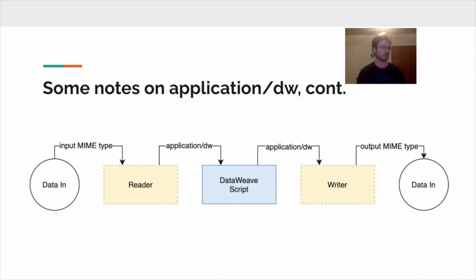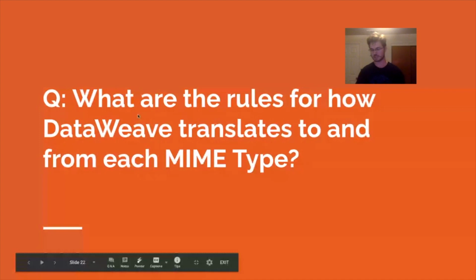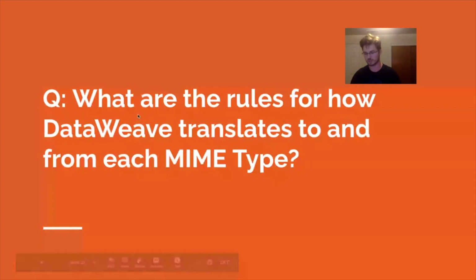Now for the meat of this talk. What are the rules for how DataWeave translates to and from each MIME type? This is the kind of hard lesson that I had to learn over the course of a few years. This is something that isn't really explicitly in the documentation.